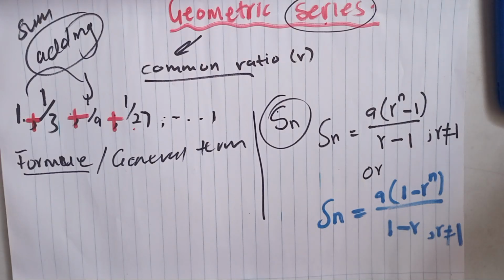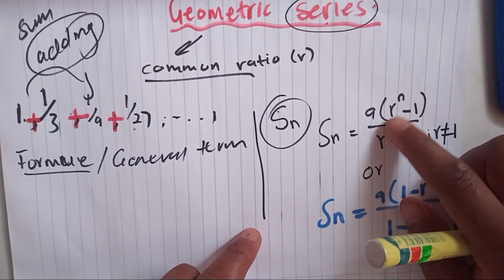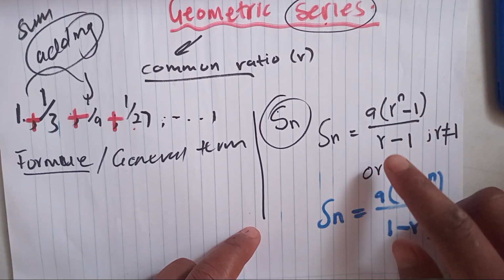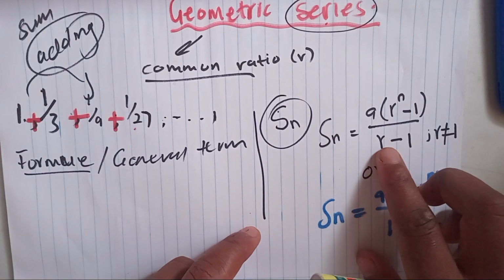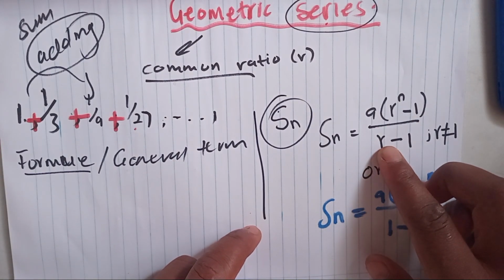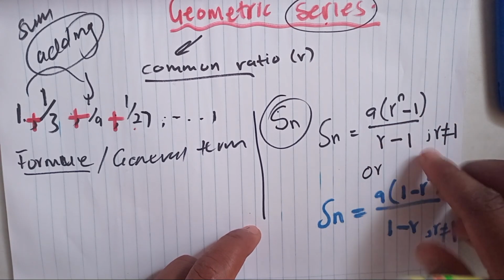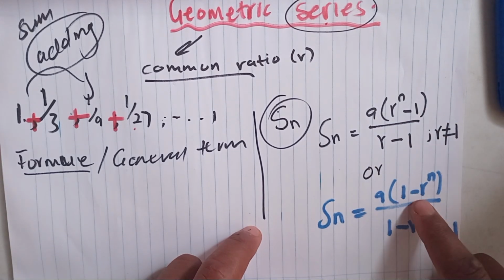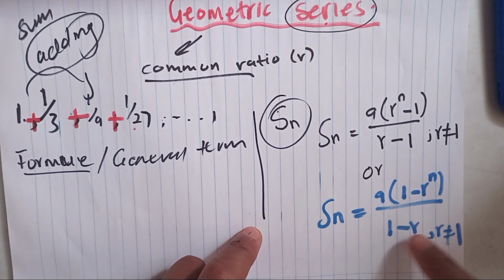What I'm trying to say is that if you have r exponent n minus 1 in the brackets, the denominator must follow the same notation. It must be r exponent n minus 1 divided by r minus 1. If you have 1 minus r exponent n, the denominator should be 1 minus r.